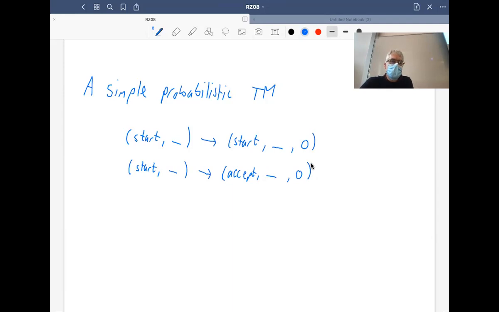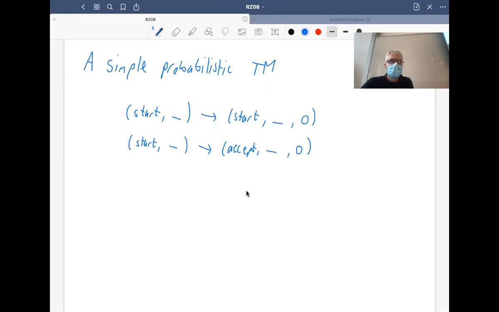And so the probabilistic Turing machine just has a different interpretation from the non-deterministic Turing machine. We're in state start, and in that configuration, it'll pick with probability half to stay in state start and with probability half to move to state accept.